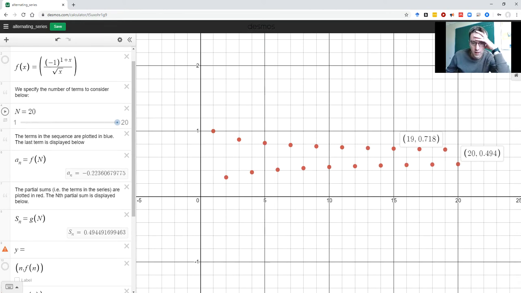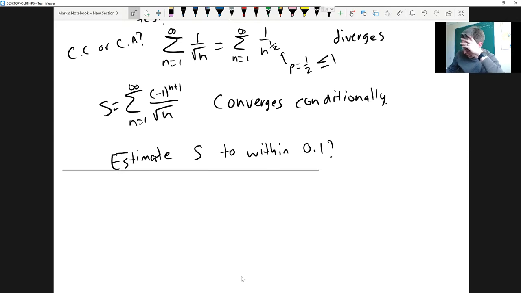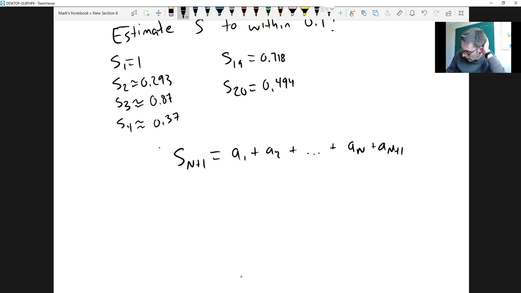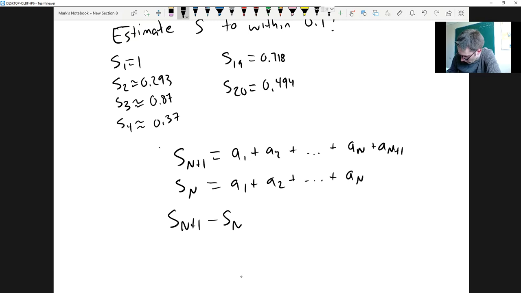Okay? So let me go back to our notepad here. All right. So if you take the n plus first partial sum, which is a1 plus a2 plus all the way out to an and an plus 1, and you take the nth partial sum, which is a1 plus a2 all the way out to an, well, if you subtract them, notice, well, the a1s will cancel, the a2s will cancel, the a3s will cancel, the ans will cancel, and we'll be left with just an plus 1.